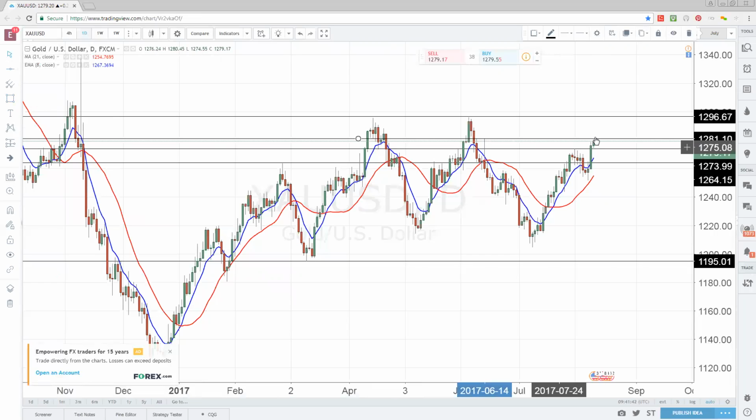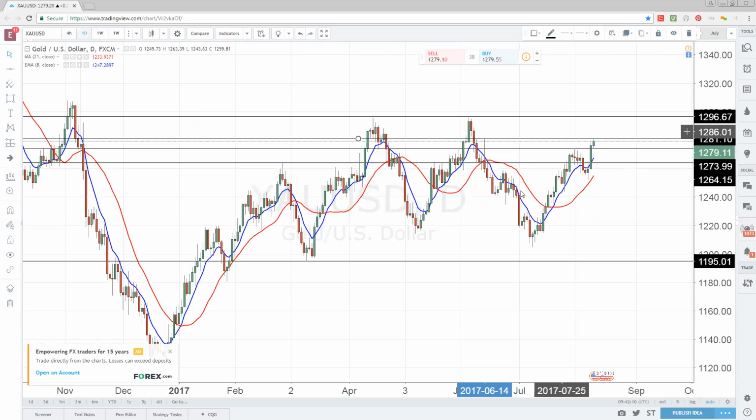So what I'm saying is, if market breaks above this level, market is going where? Here. The market is going there. If market doesn't break above that level, the market won't go there. The market will bounce off and go down.